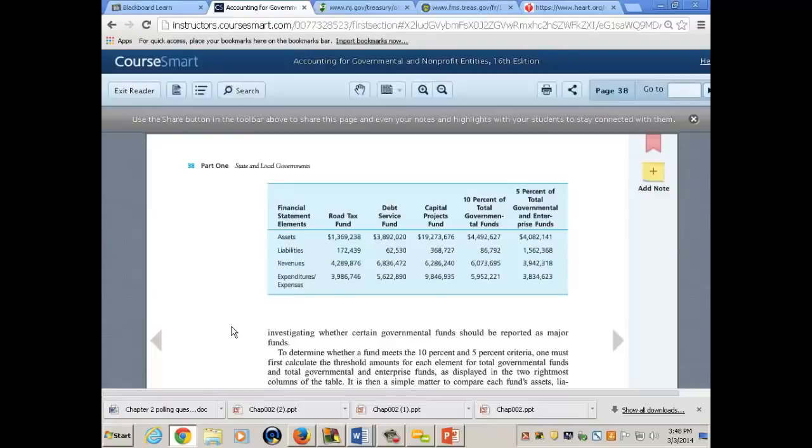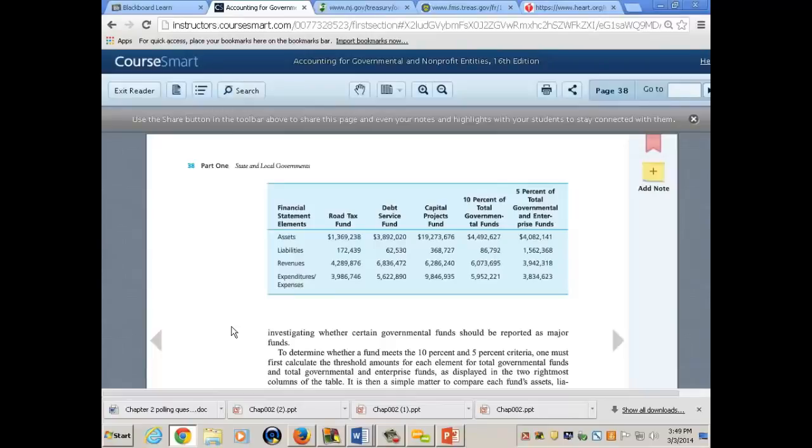Assets, road tax fund. The assets are $1,369,238. Is it more than 10% of the total governmental funds? It doesn't meet that part, right? Let's look at the liability section. Is it 172,439? Is it more than 10%? Yes. But is it more than 5% of the total governmental and enterprise funds?